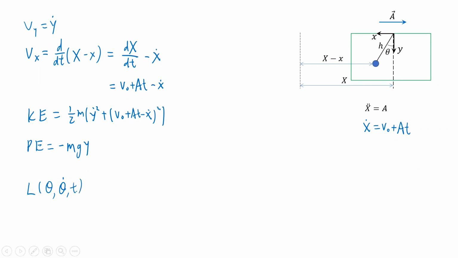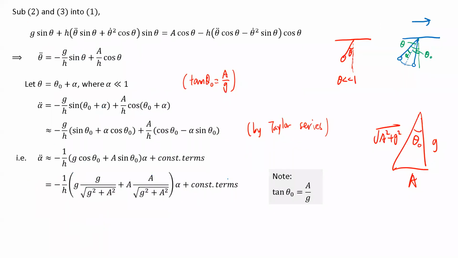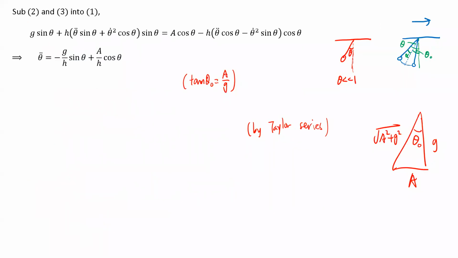But that's okay, you still write down this Lagrangian. Then you do the Lagrange equation with respect to theta, and you should be able to find the equation of motion, which looks like this one.